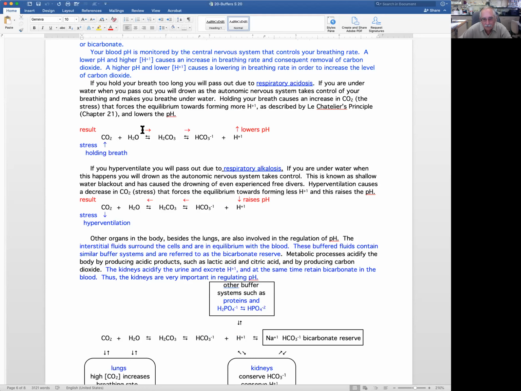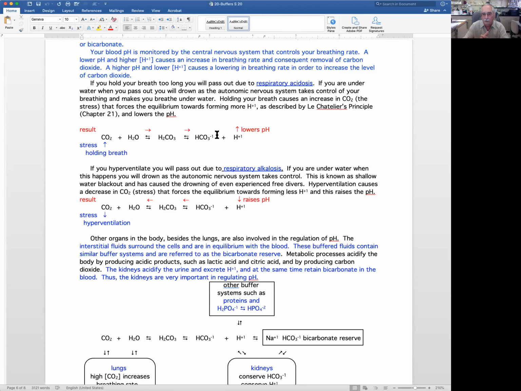It either goes towards forming more products or forming more reactants. There's no other choice. So if I put more CO2, I push the reaction this way, now I'm making this concentration go up. When that concentration goes up, I push it this way, and what happens to bicarbonate? It goes up, and hydrogen ion goes up. And that causes a lowering of the pH.